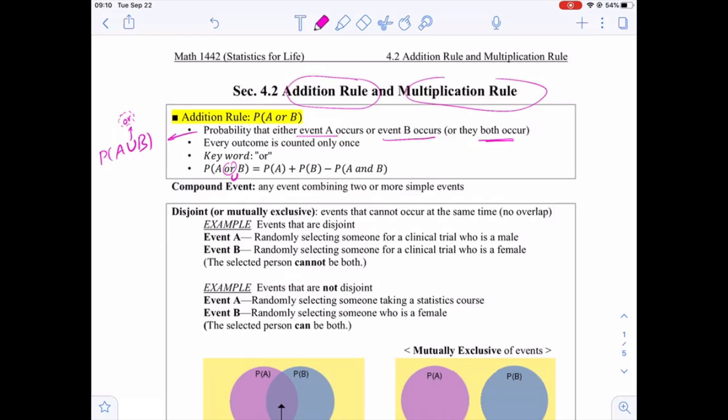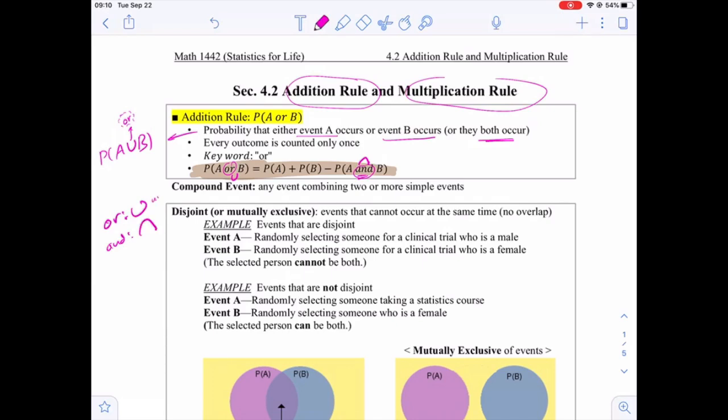And what is the rule that we use? We use the following rule. Probability of A union B is the probability of event A plus the probability of event B minus the probability of the intersection. The intersection is A and B, and the word "and" means intersection. So or is union, and is intersection.